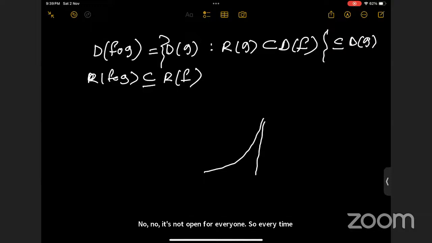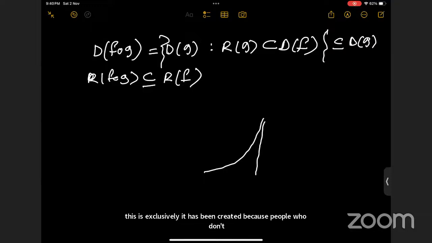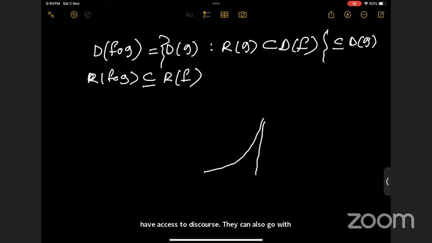No, Tina, the case is that this Excel sheet is created by the TAs, and they maintain it for every semester. It has been created exclusively so that people who don't have access to Discourse can also use these links easily. Last semester, a lot of things were only posted in Google groups, which many people didn't have access to.